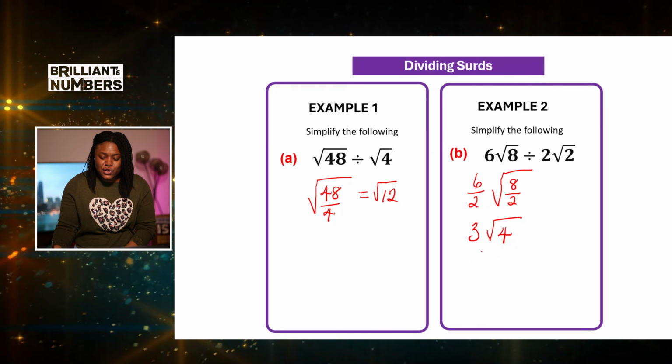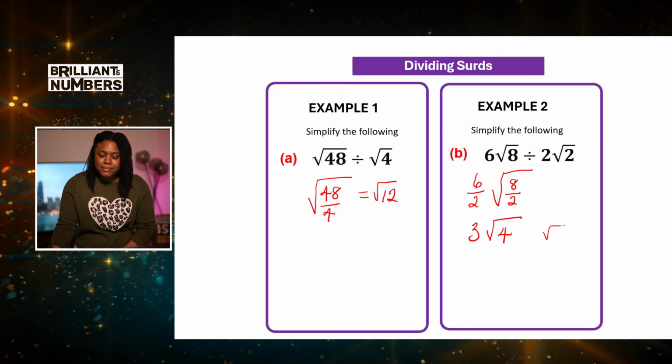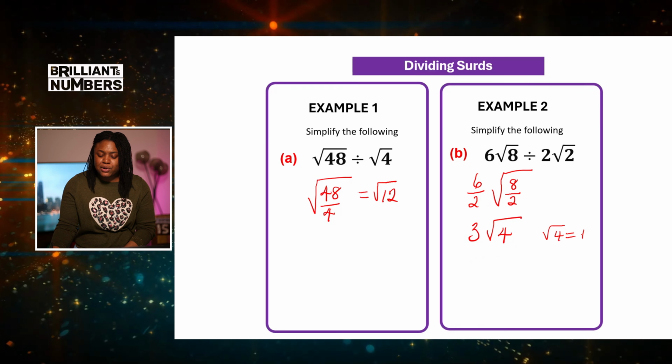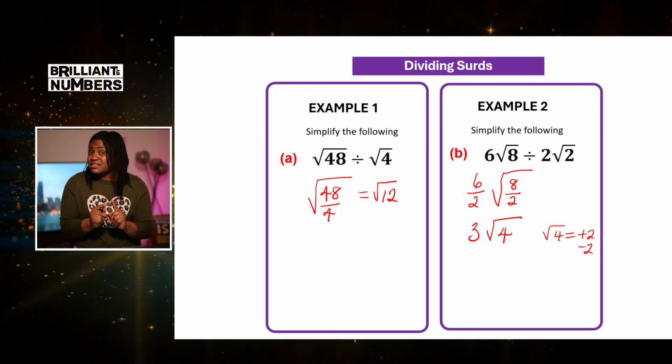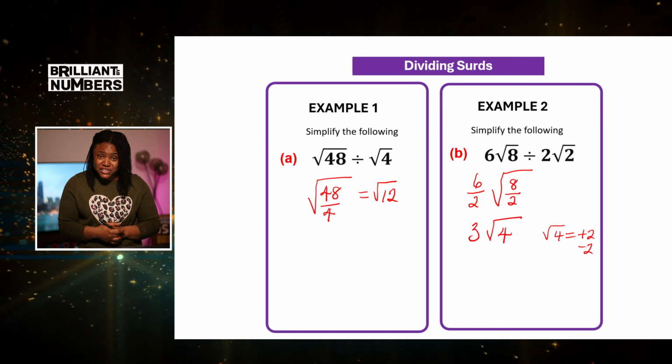Now you'll notice here, root 4 is not a surd. I hope you noticed that, because square root of 4 has an exact value. So therefore, we need to simplify. So square root of 4, remember we discussed, could either be positive 2 or negative 2, which means that this answer has 2 possible solutions.